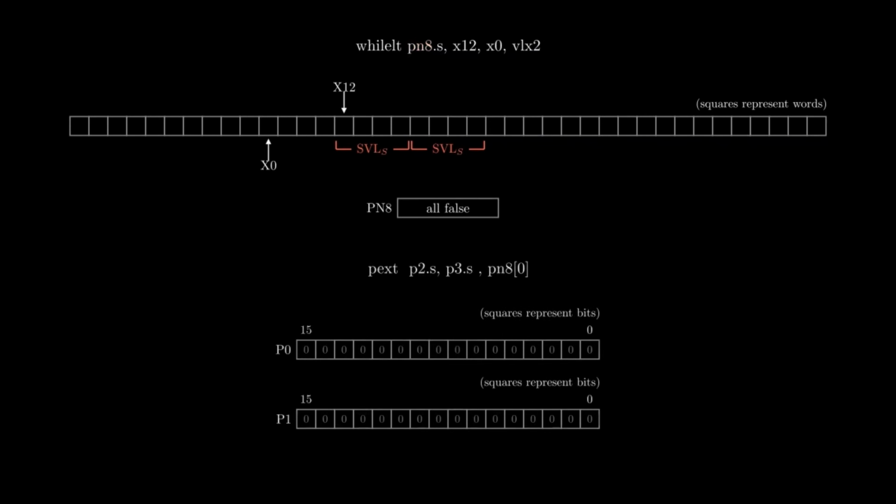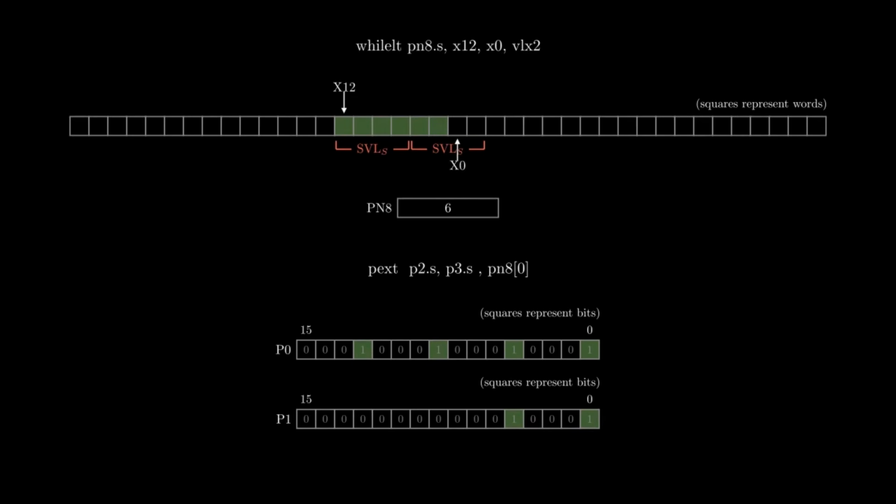This time, the while lt instruction starts at x12 and identifies all values less than x0 within 2 tiles of word-sized elements. With x0 less than or equal to x12, the destination register, PN8, is all false, and each bit in the corresponding mask register is 0. When x0 is greater than x12, PN8 contains the number of active elements.